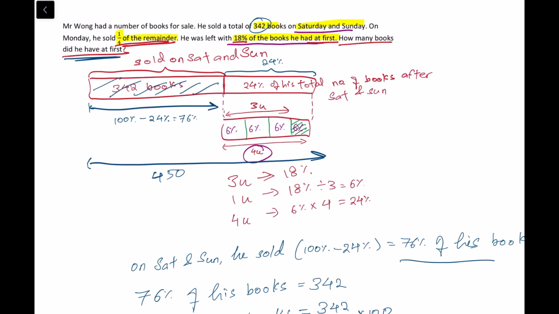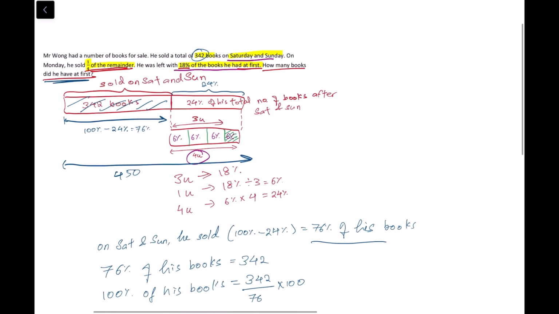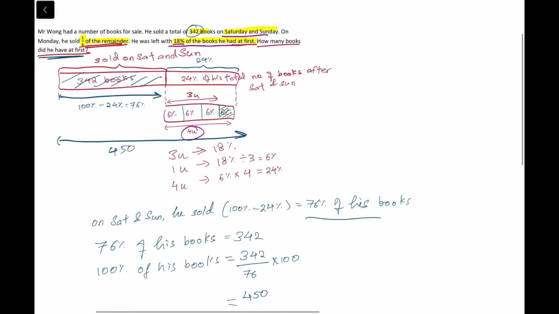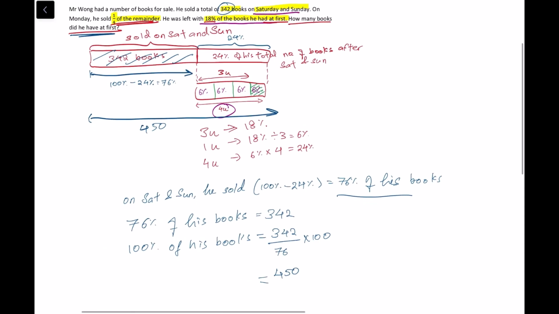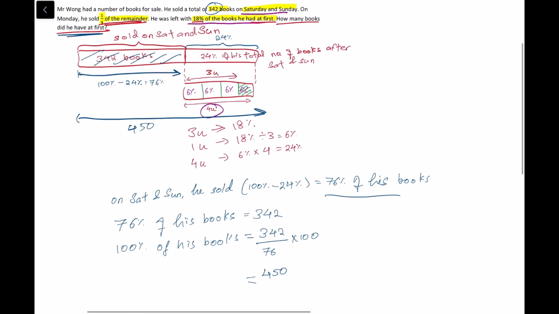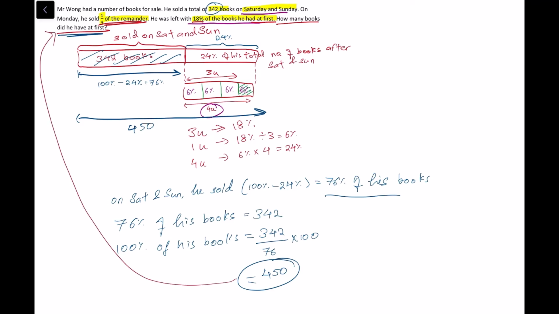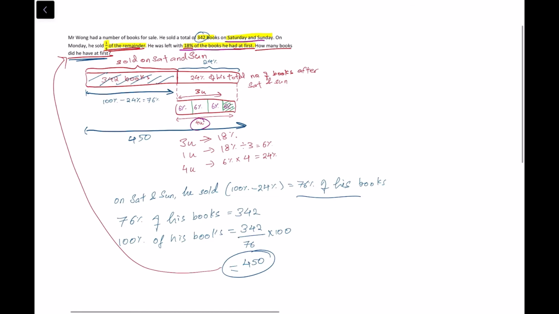Now that we have gotten the answer for this question, I feel that it is good that we cross-check to ensure that the answer we have gotten is correct. What we have to do is substitute this number back into the question and do the same steps as the question says.